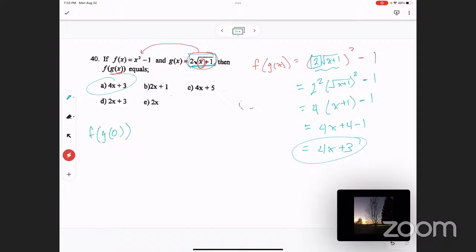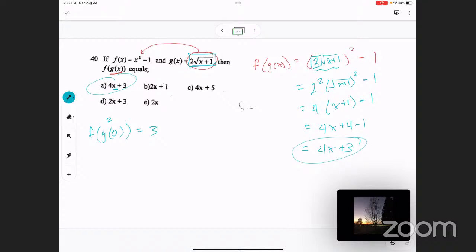So if I plugged in 0 here, I'm going to get square root of 1, which is 1. So this is just going to be 2. And then F of 2, 2 squared is 4. 4 minus 1 is 3. So that would be 3. And now plug 0 into here and see what you get. You get 3.